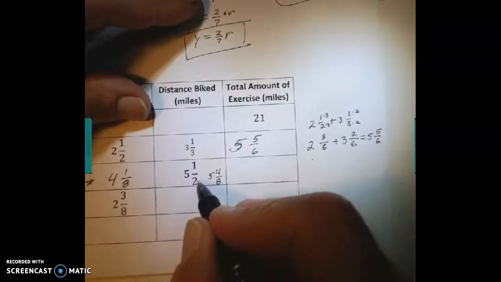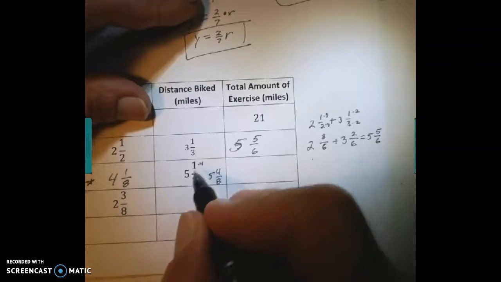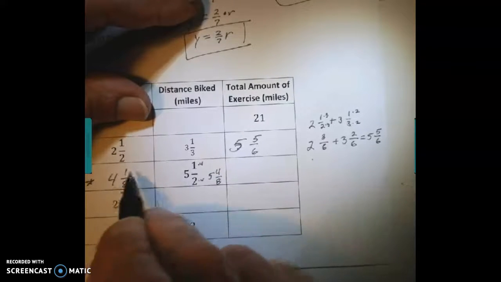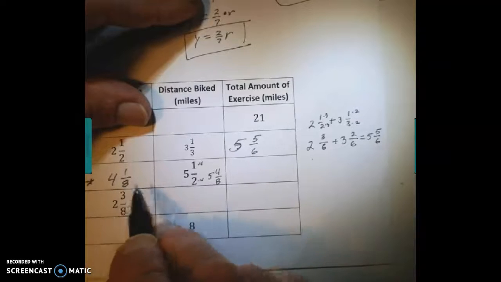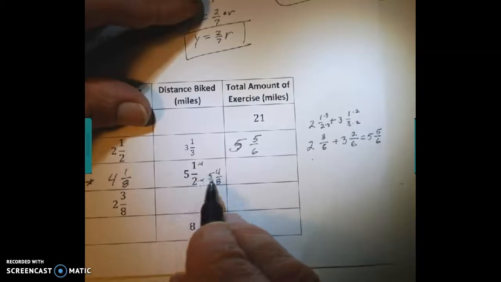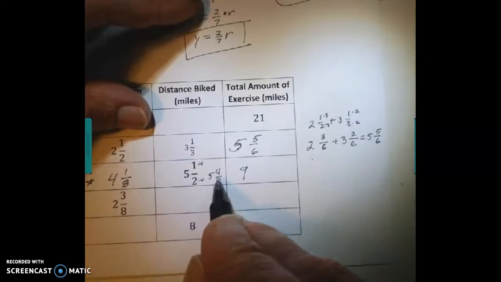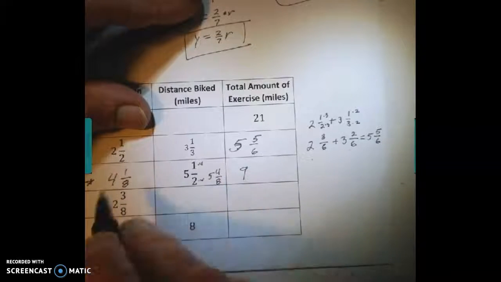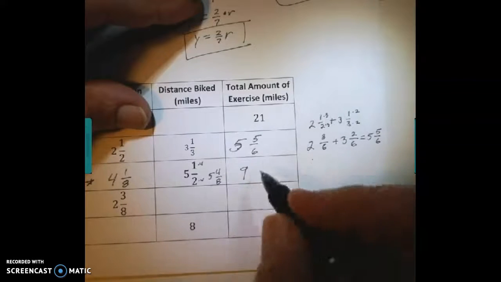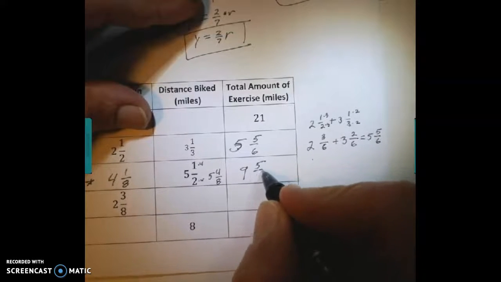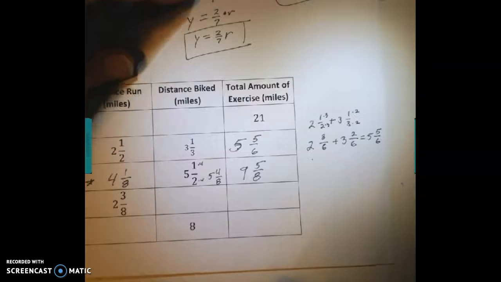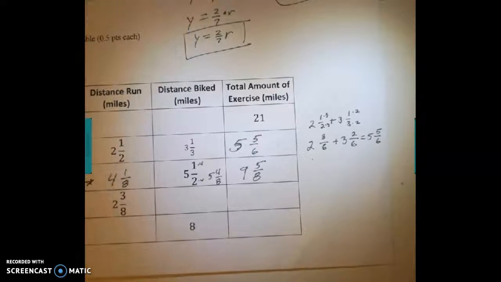You multiply the bottom by 4, you multiply the top by 4. 5 4/8 plus 4 1/8. 5 plus 4 gives me 9. 1/8 plus 4/8. You've got 1 piece plus you've got 4 more. You have 5/8. 9 5/8. Okay, I'm going to stop there.